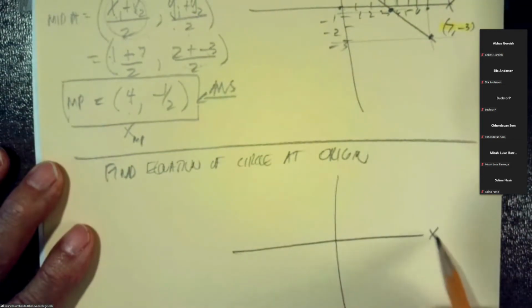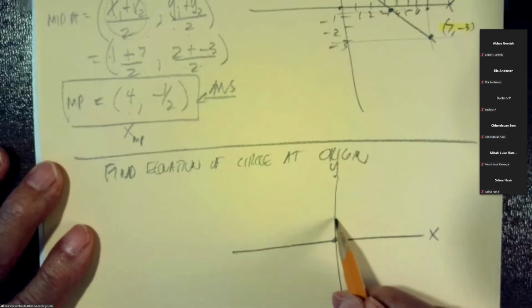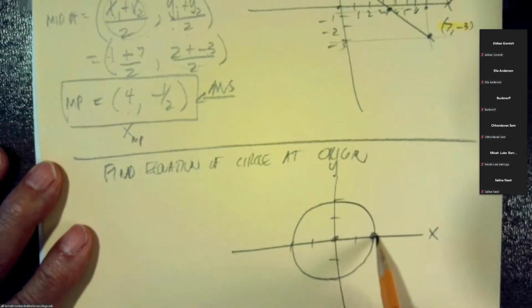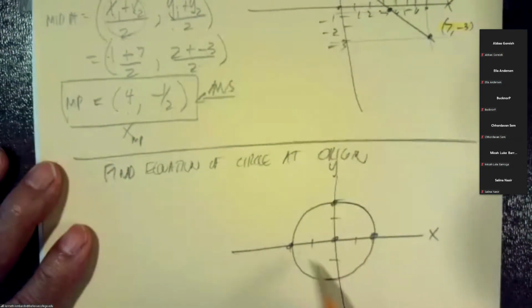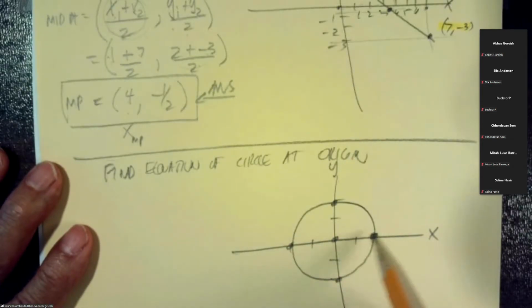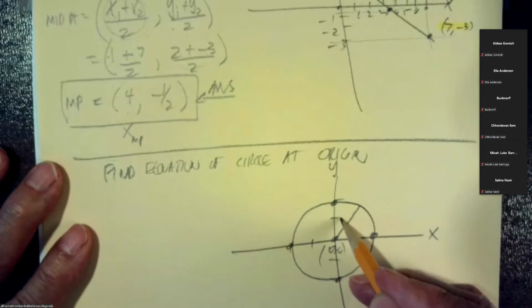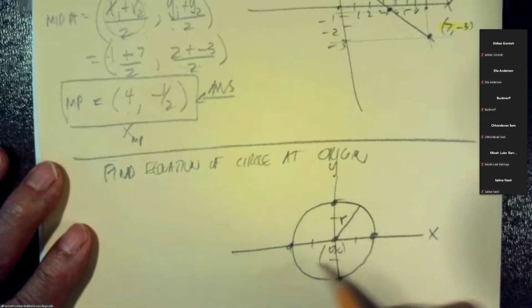So here's x and y, and maybe we connect these points. We say we have points here and here and here and here. We know we're at the origin here, and we know we have a radius here. That's the radius of the circle.